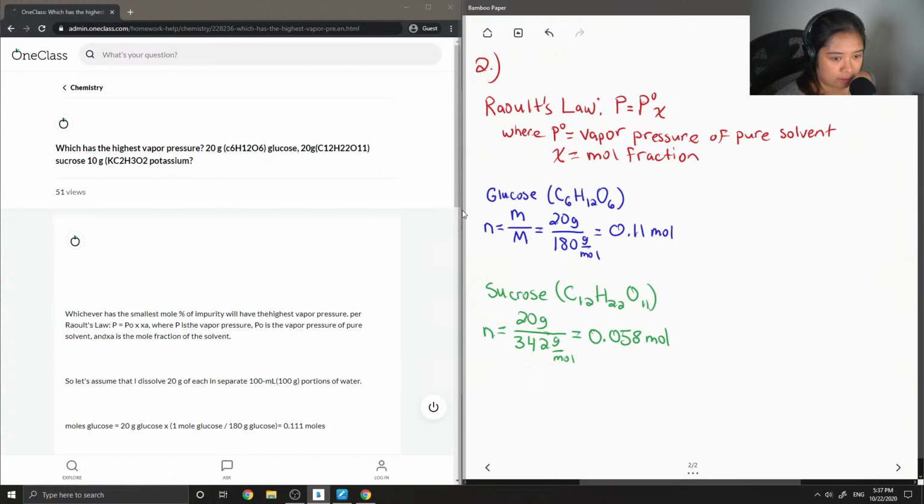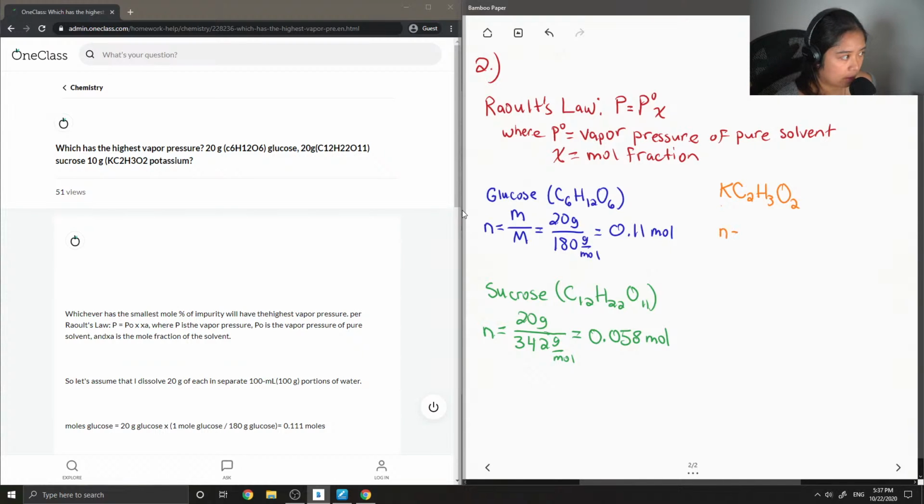Okay, so now let's look at potassium acetate, which is, they wrote it as KC2H3O2.